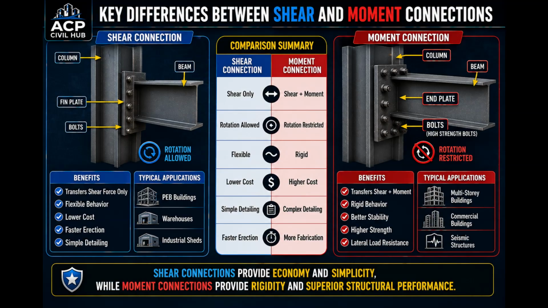Moment connections provide rigid behavior and improved structural performance. Shear connections generally require simpler detailing and faster erection. Moment connections involve more fabrication work, but offer greater stability and strength. The final selection always depends on project requirements and structural design objectives.